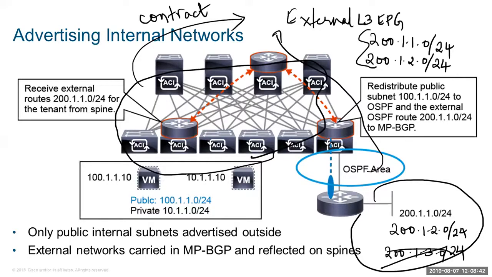I could go ahead and say I have a quad 0 network. That means all networks, 0.0.0.0/0. I could do that as my external EPG.